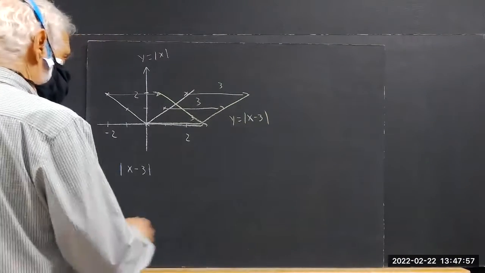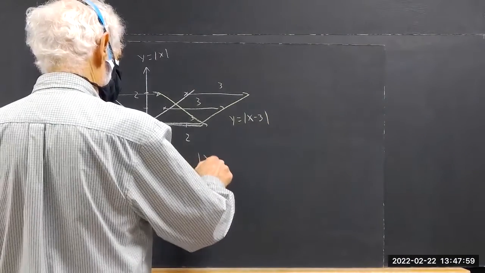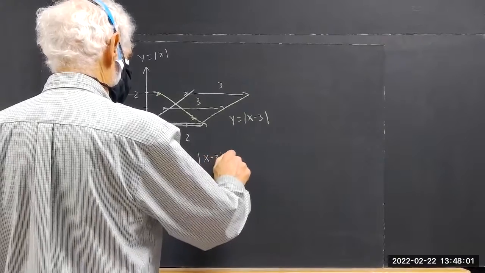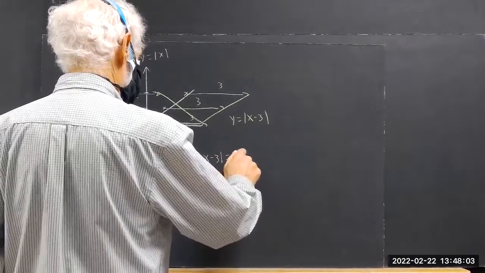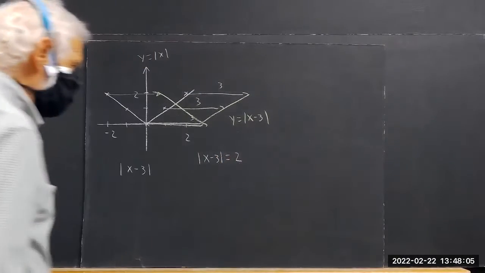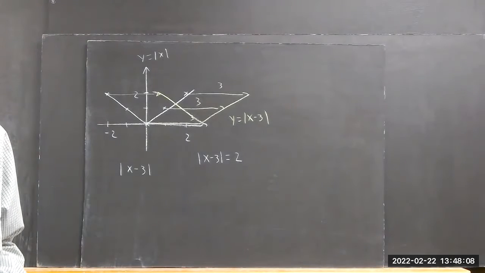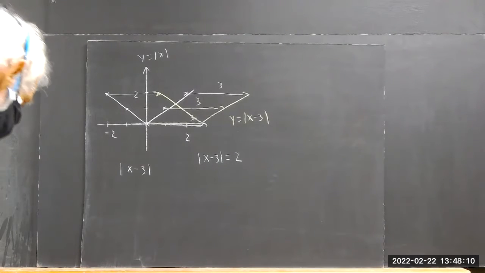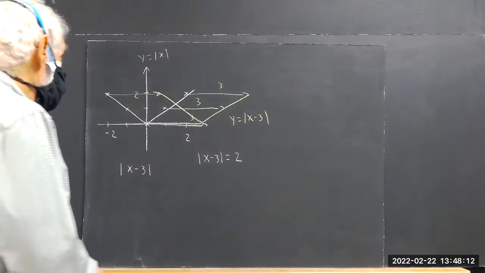Now, the equation absolute value of x minus 3 equals 2. So that means y equals 2.